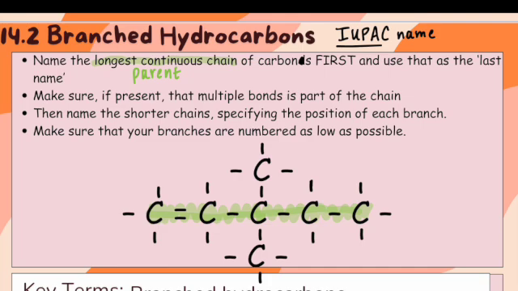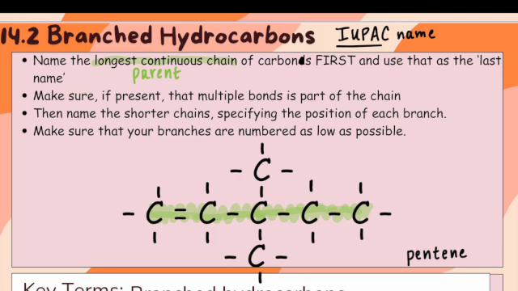So on my parent chain, I have 5 carbons. So using the table, 5 carbons has the prefix pent. And then when deciding my ending for that, I have to notice that there's a double bond in this hydrocarbon. So that would make this pentene, to represent that double bond between those 2 carbon atoms.